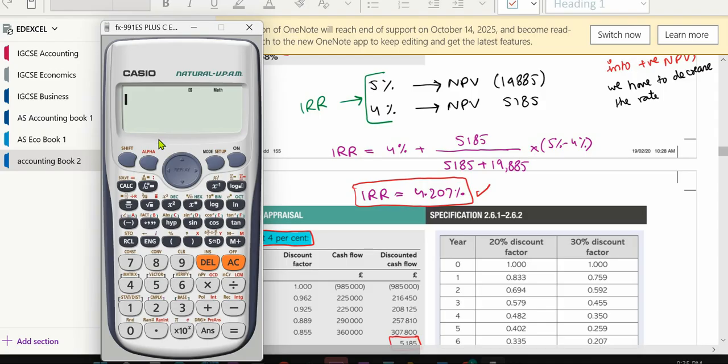Okay, here is the calculator. How to put values in the calculator: first we put 4%. Instead of 4%, you just write 4. Then press plus. Then here is the fraction button, so we put the fraction. Then we write 5185. Then we move down, and again write 5185, then plus 19885.